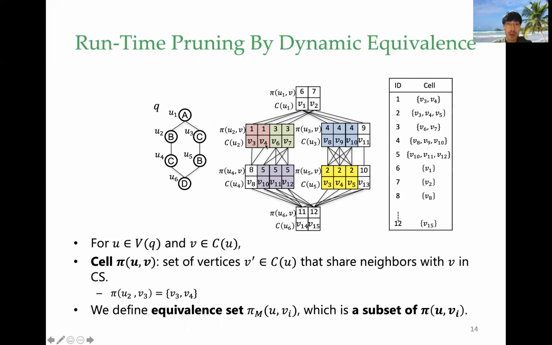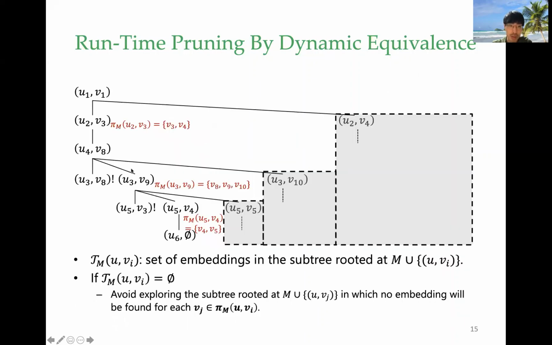So they are in the same cell, which is depicted as a red box. And we also define an equivalence set, which is a subset of the cell. The idea is that for equivalent vertices in an equivalence set, mapping U to these candidate vertices may lead to equivalent subtrees.